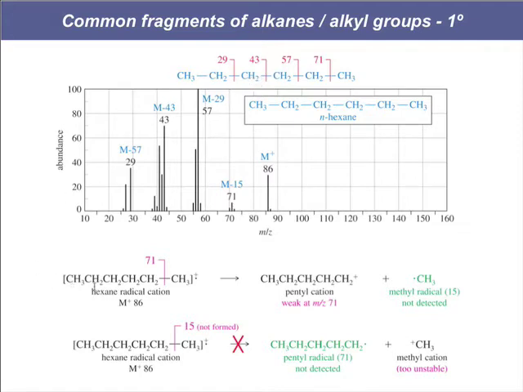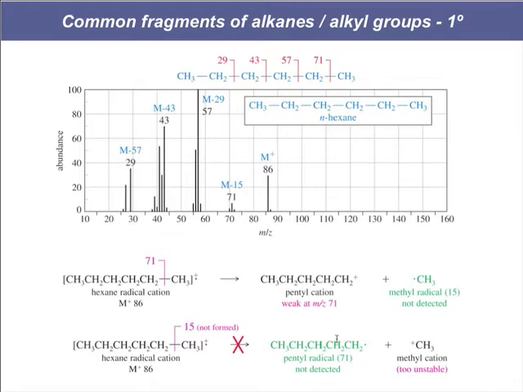This is kind of what I'm referring to. If we cleave off the methyl, we're going to lose 15 from our 86. We're going to get a 71 and a 15. But we could cleave to make the 71 the cation and the radical get the 15, or we can cleave to make the methyl the cation and the 71 the radical.